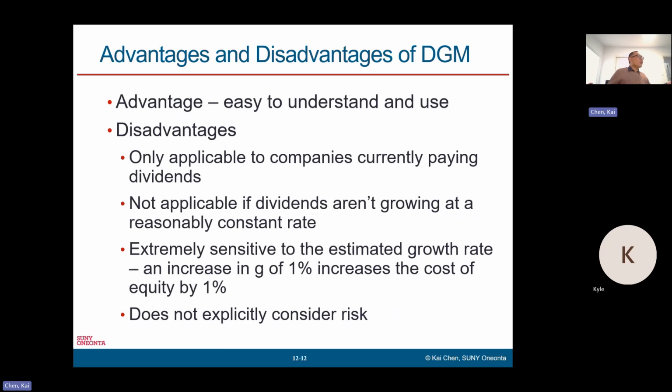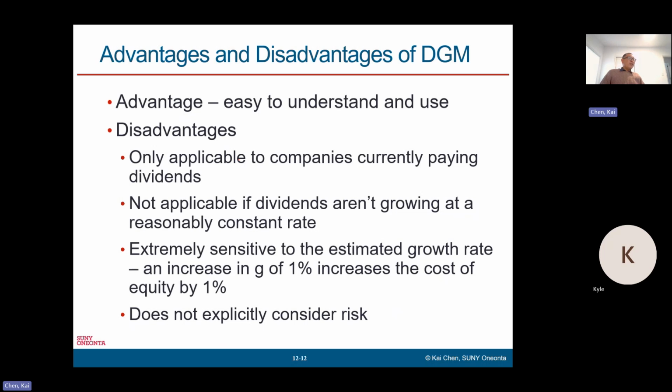Then in this case, there is no dividend data. Does this mean that Amazon will not be growing, or that Amazon's dividends will not be growing? Of course not. Then in this case, the dividend growth model is not applicable.